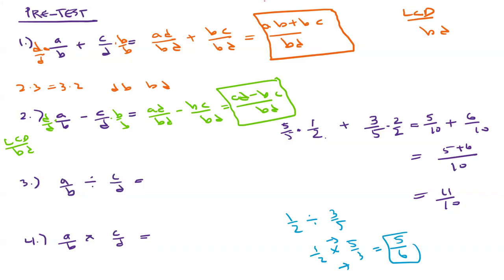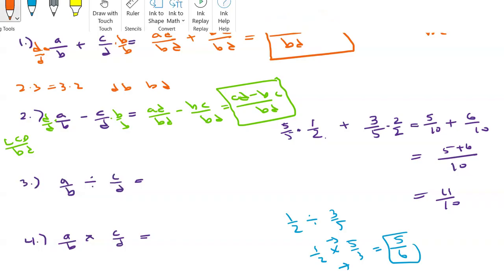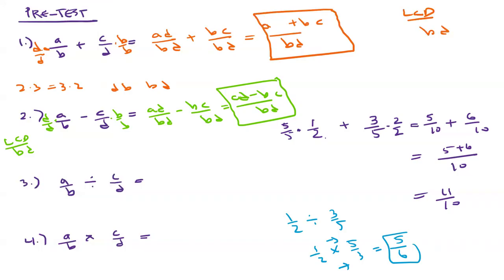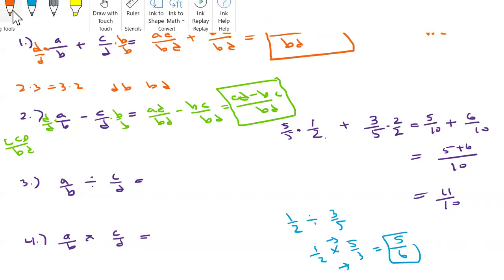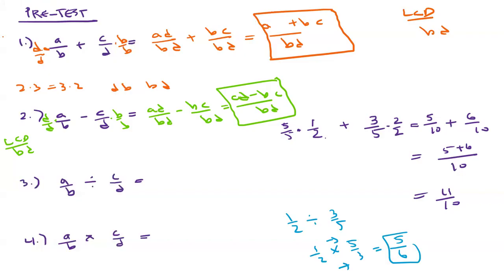I had AD plus BC, but I wrote AB. So please change that. Sometimes what I write down is not what I said. So make sure you change that to AD plus BC over BD. Thank you, I appreciate that.